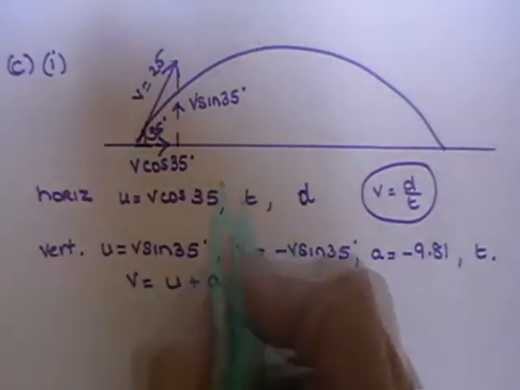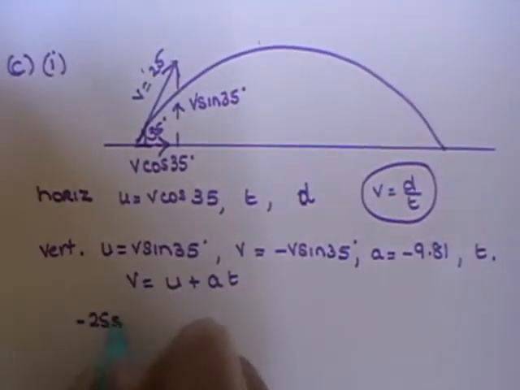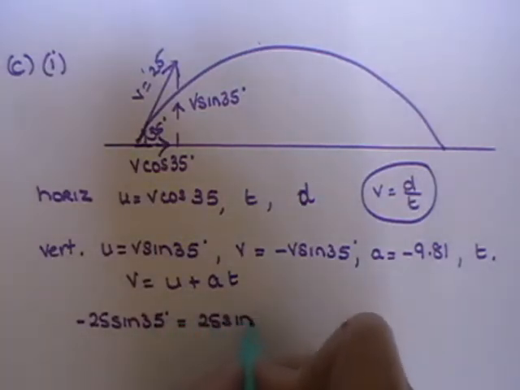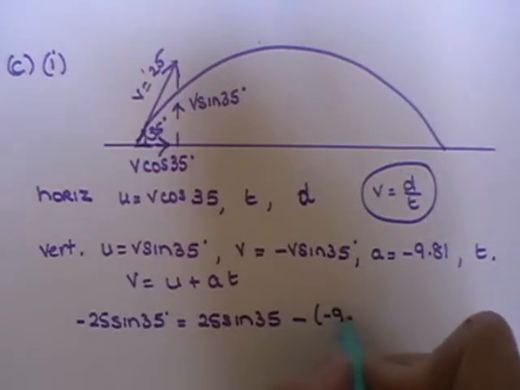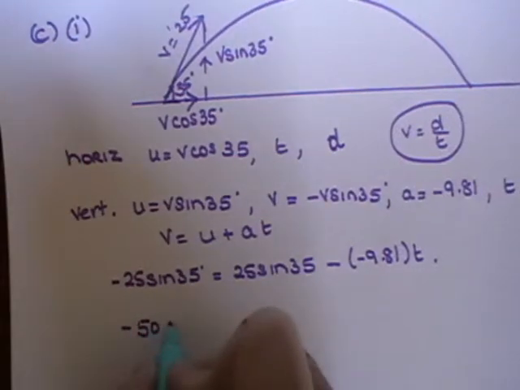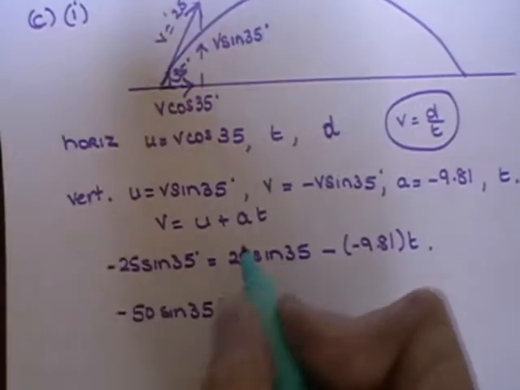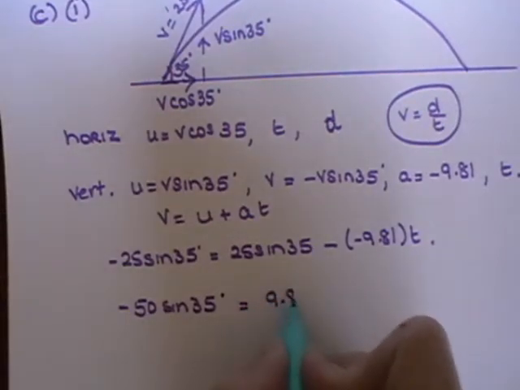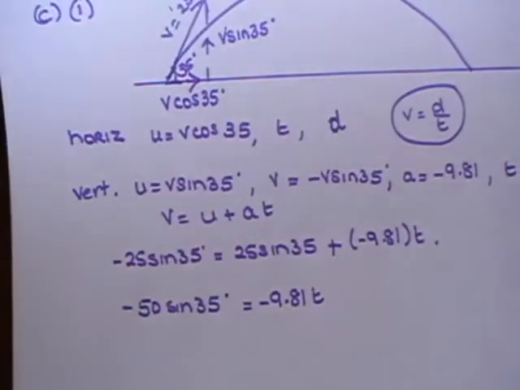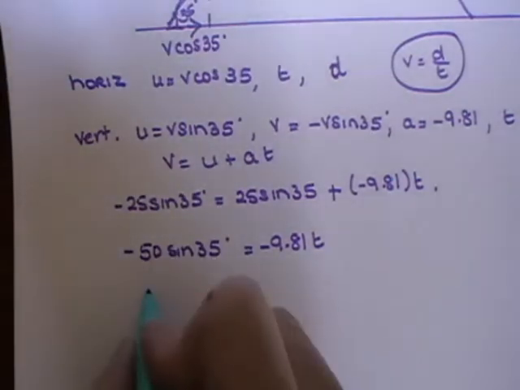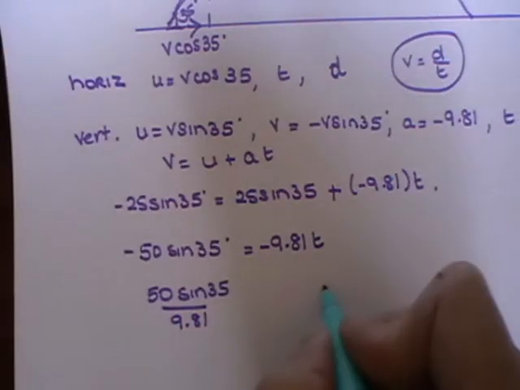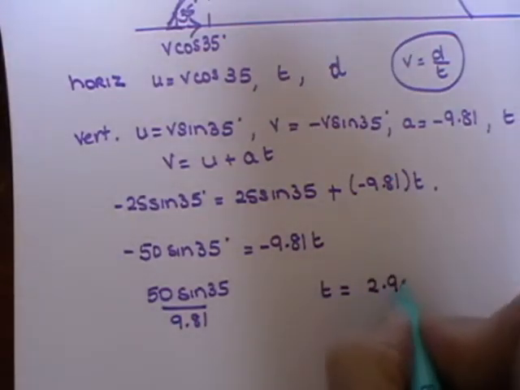V is minus 25 sine 35, equal to 25 sine 35 minus 9.81 times t. When you bring this over, this becomes minus 50 sine 35 equal to minus 9.81 times t. Sorry, that's a minus in there, of course. When you divide across, the two minuses cancel each other, over 9.81, and t comes out to be 2.92 seconds.